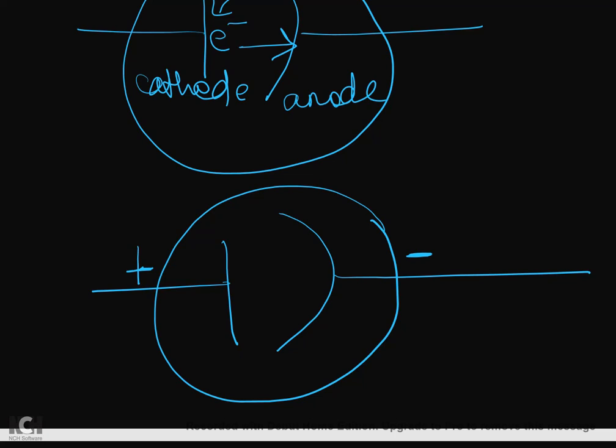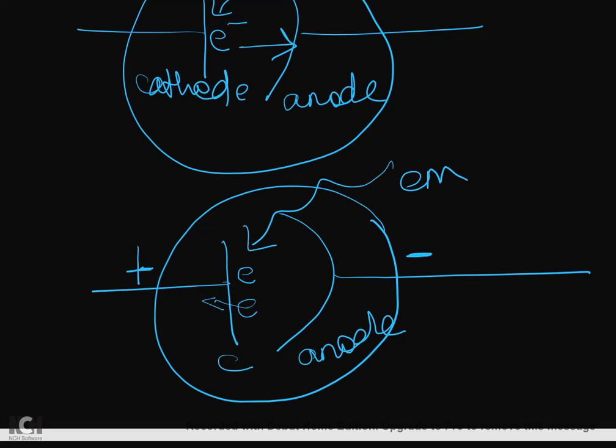If I apply a positive potential difference to the cathode, and this is my anode, when I have electromagnetic radiation incident, these electrons, which would have previously been emitted, are now attracted back to the cathode plate. So there is a minimal amount of electrons which are now ejected from the cathode and accelerated towards the collecting plate of the anode.